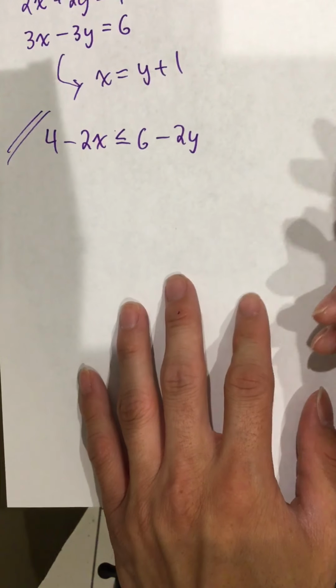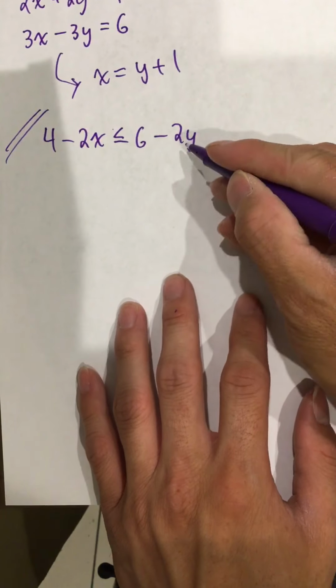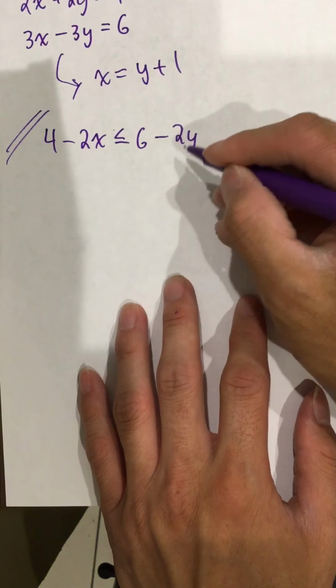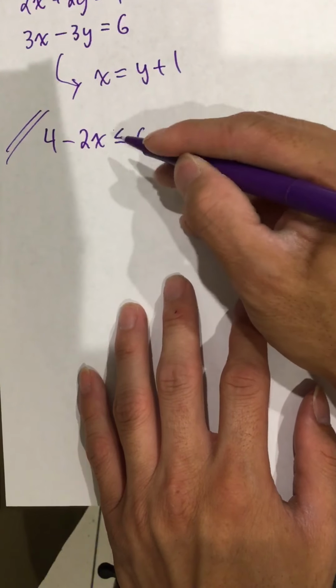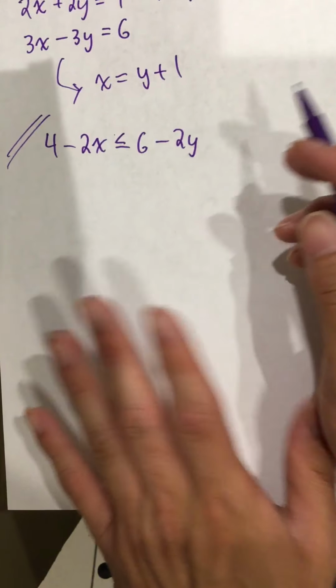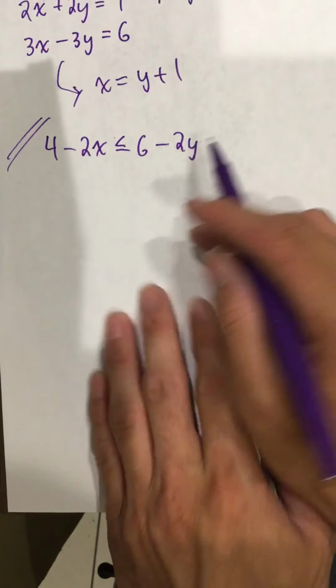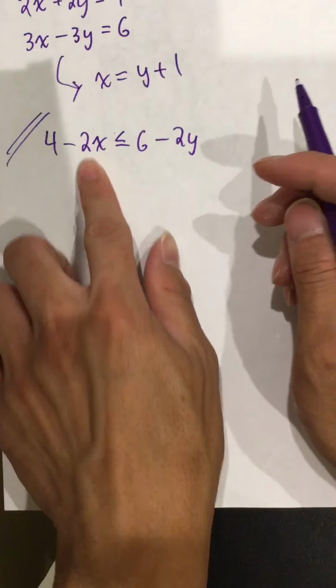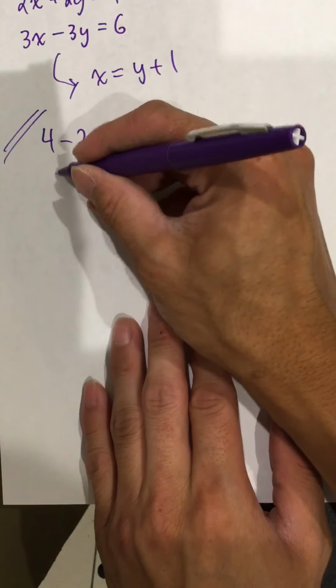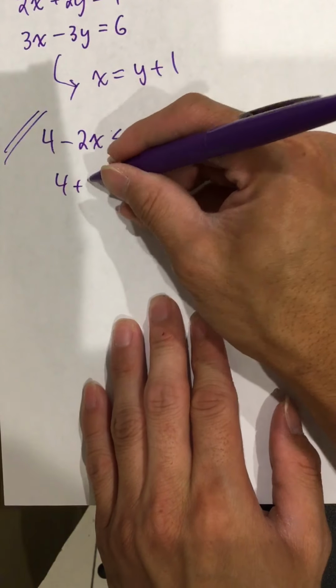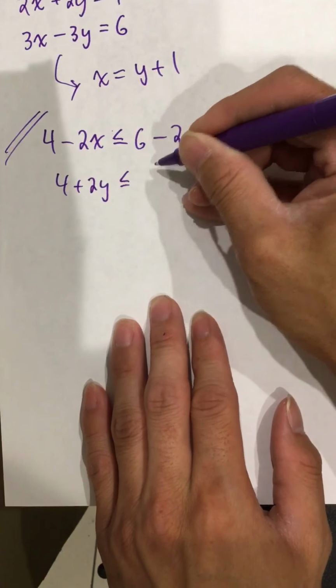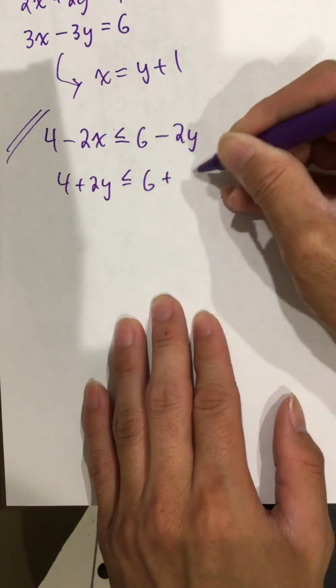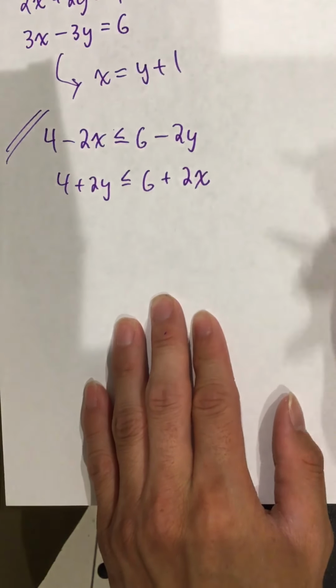And that's totally fine. My problem with that is if you divide everything by this negative 2, you're going to have to flip this inequality sign. So what I would do instead is move this to that side and this to that side. So I would have 4 plus 2y is less than or equal to 6 plus 2x.